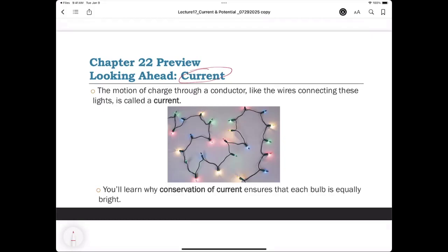The current is a motion of charge. And we will learn why conservation of current ensures that each bulb is equally bright. Although those small bulbs have different colors, they are actually equally bright. We will talk about why.